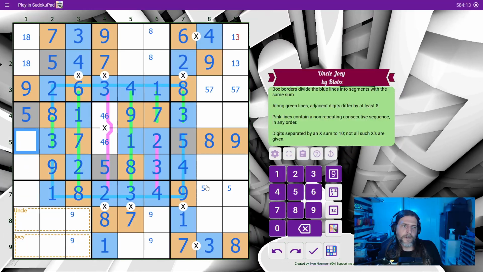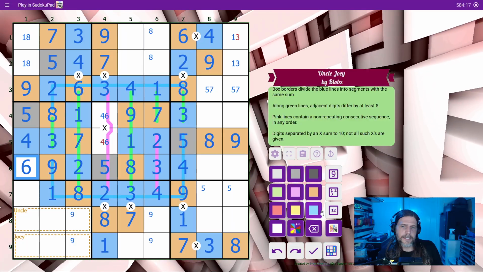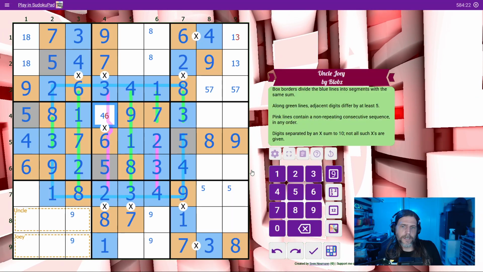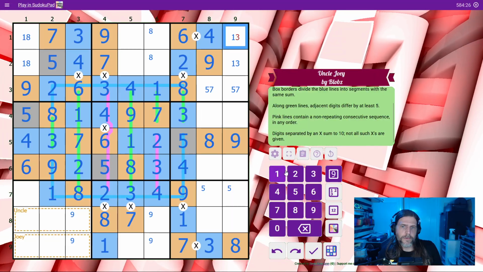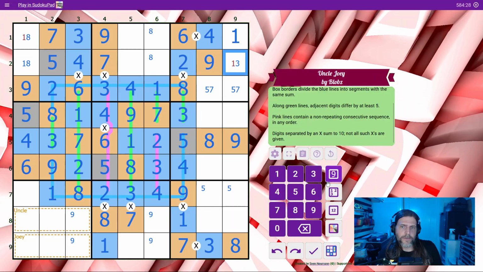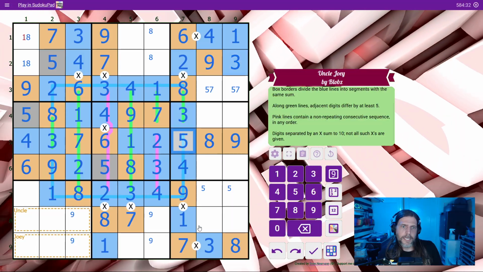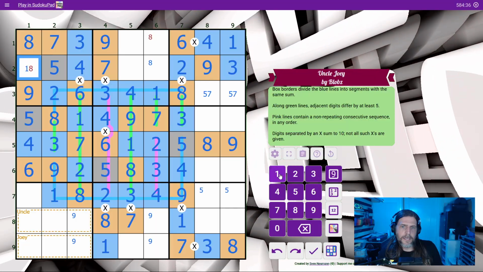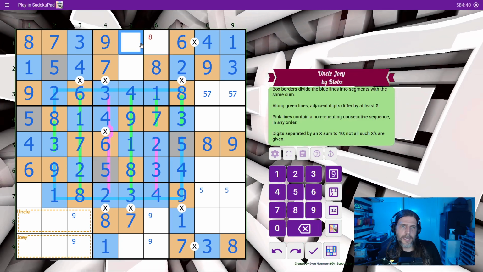We need a 4 in here, and we need a 6, which places the 6 here and the 4 here. And we need a 2. Oh, also, while we're at it, I guess there's a 1 and a 3 up here, which are both low. 8's high, 1's low, 8 high.